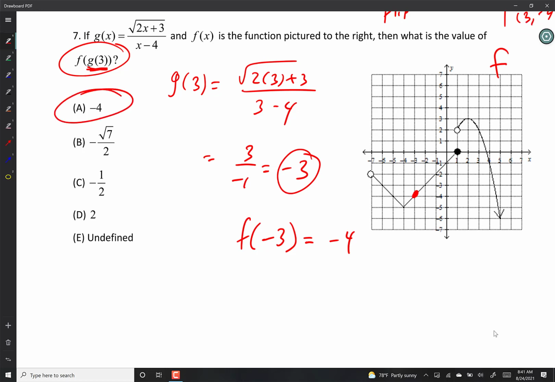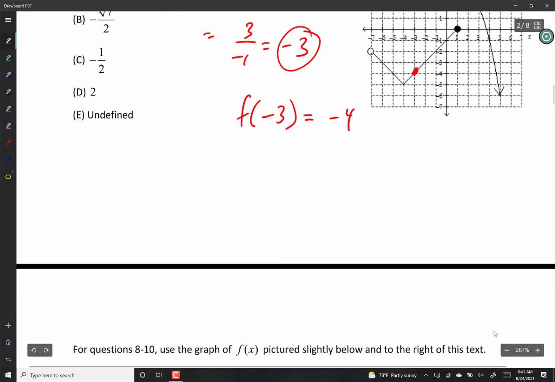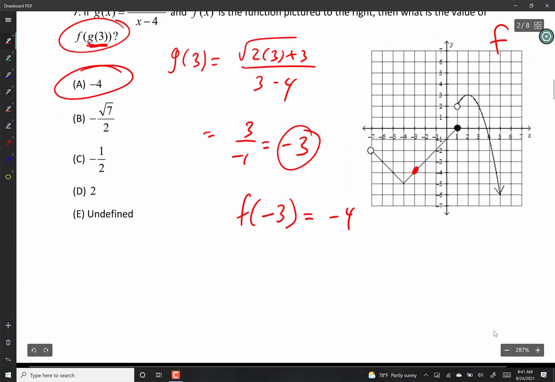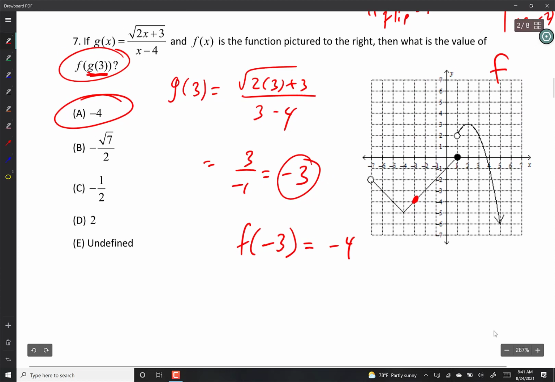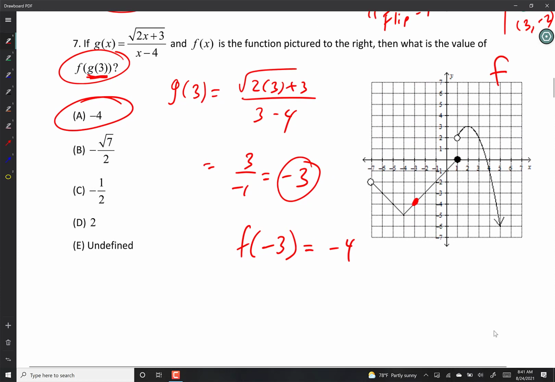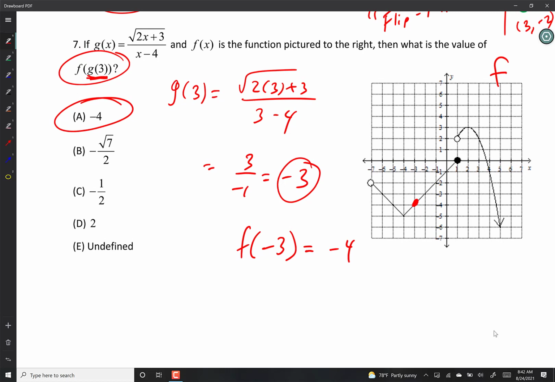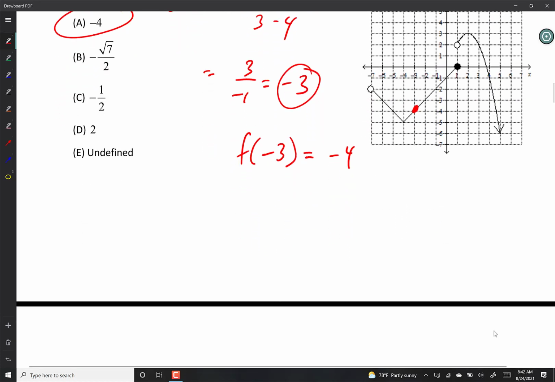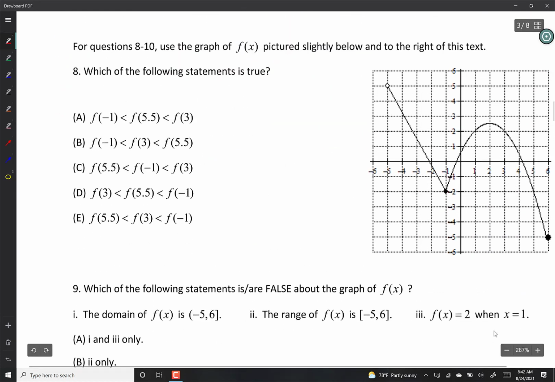And that's it. All right. I have another one just like this. Same concept: I give you an equation and a graph and we do the same thing.